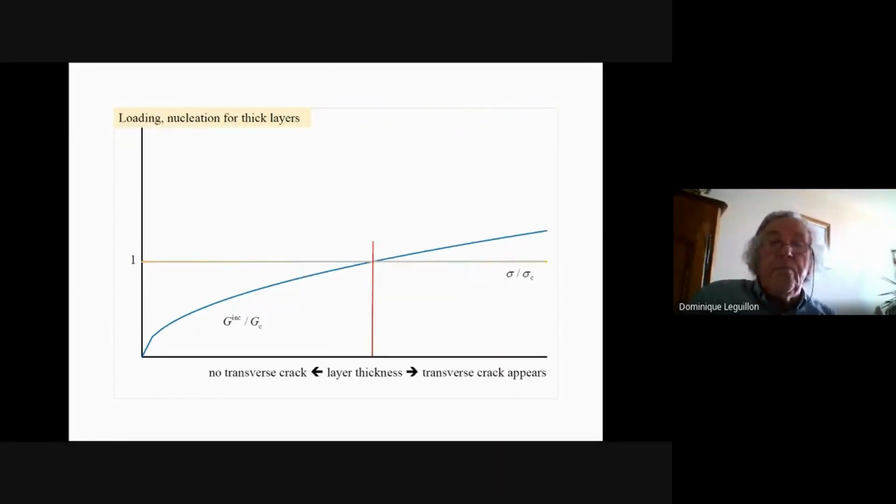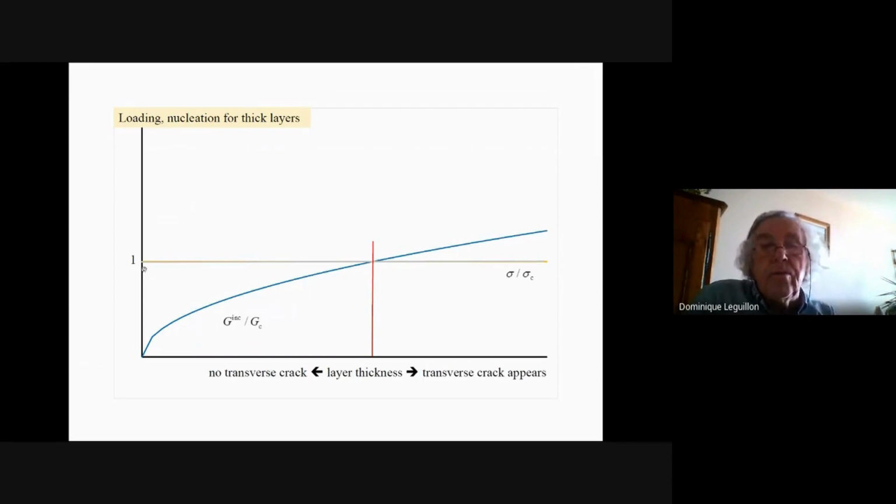Next step, we increase the load. If we increase the load, sigma becomes equal to sigma c. And in that case, you see that sigma does not really define a length. Now, all lengths here are admissible. Remember that the crack length is limited by the two outer plies.